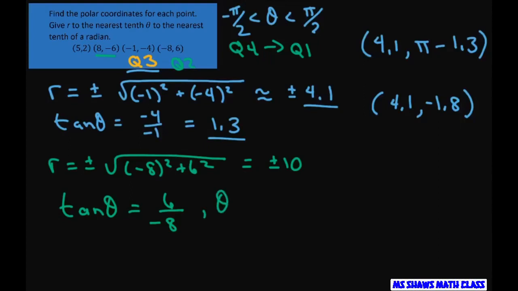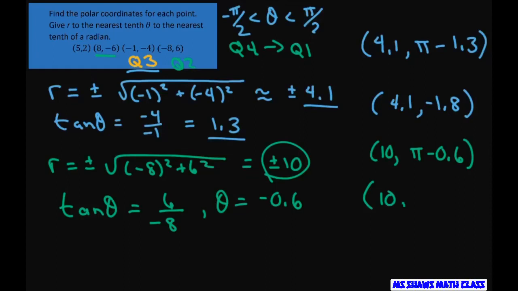So your angle is negative 0.6. So we know that this is in quadrant 2. So we're going to use positive 10, and then we're going to get it to quadrant 2. So we're going to take pi minus 0.6. And that gives you 10, comma, 2.5. And that's it.